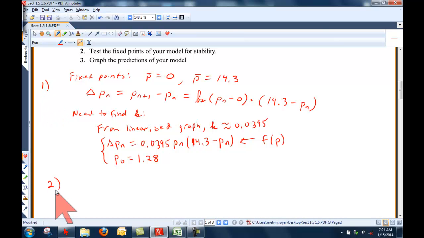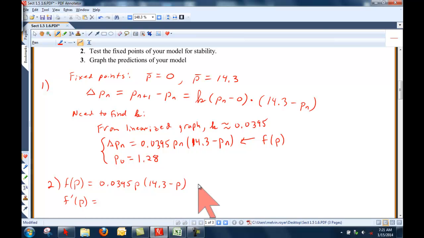And so for part 2, that's where I want to begin with f of p equals 0.0395 times p times 14.3 minus p. And what we're supposed to do, if you remember the theory, is take a derivative.